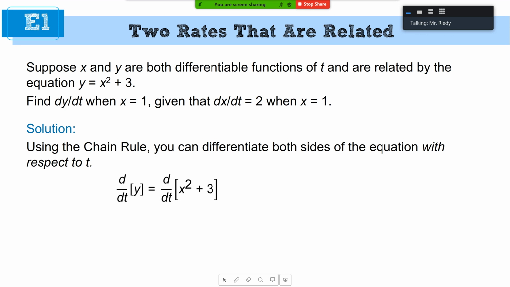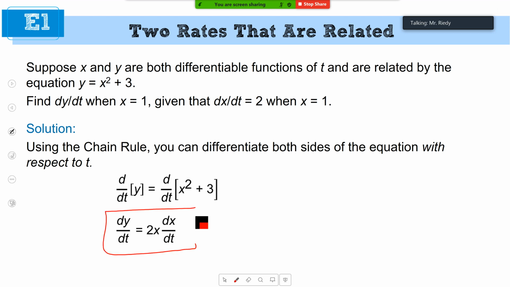It's got to be this d over dt. The derivative of y would be 1 dy dt. The derivative of x squared plus 3 would be 2x dx dt. So you stick that dx dt or that dy dt on the end of each one of those. Okay? Now, in this equation, how many unknowns are there?